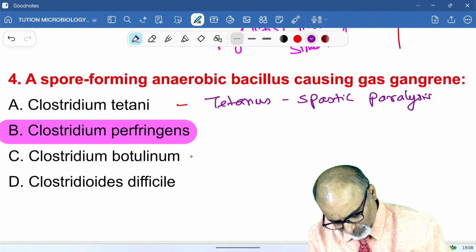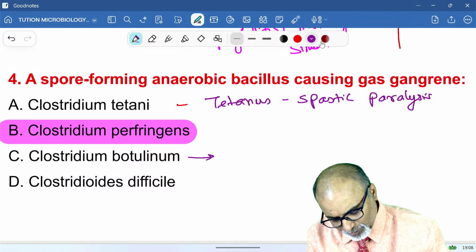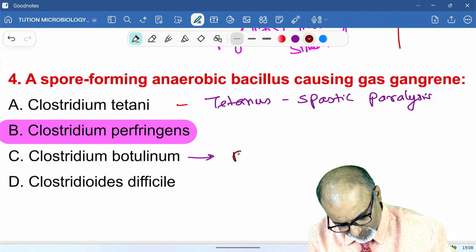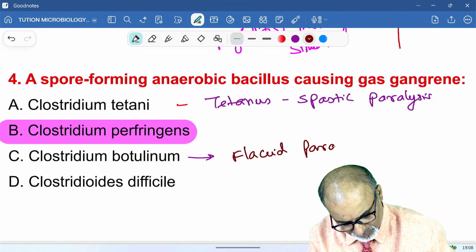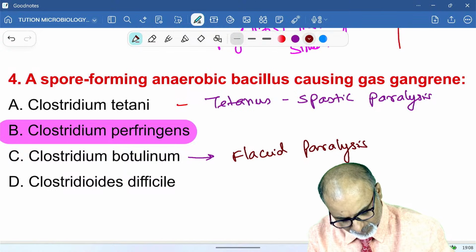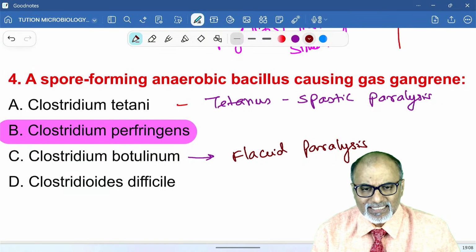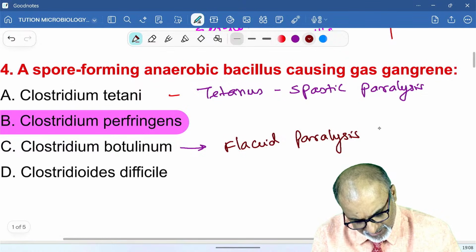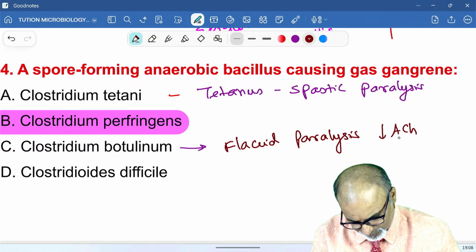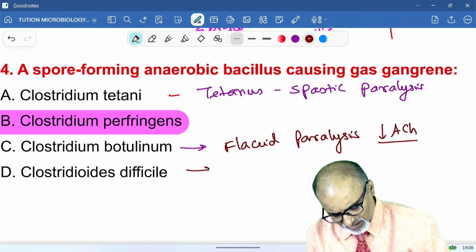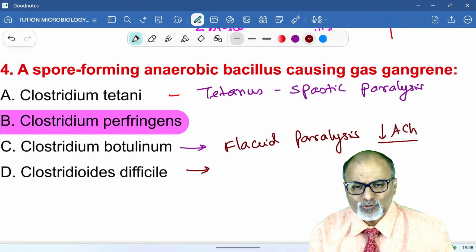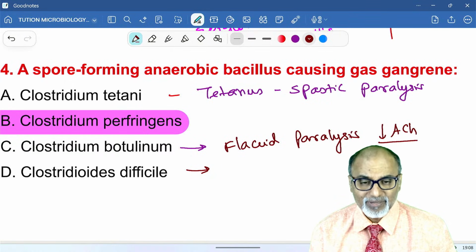Clostridium botulinum produces flaccid paralysis. Both act on the neuromuscular junction. Tetanus toxin inhibits the release of GABA and glycine, and botulinum toxin inhibits the release of acetylcholine. Clostridium difficile causes pseudomembranous enterocolitis, antibiotic associated.